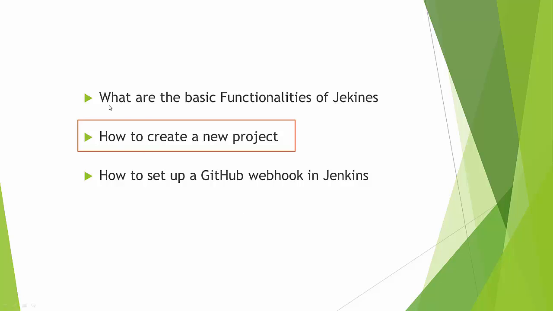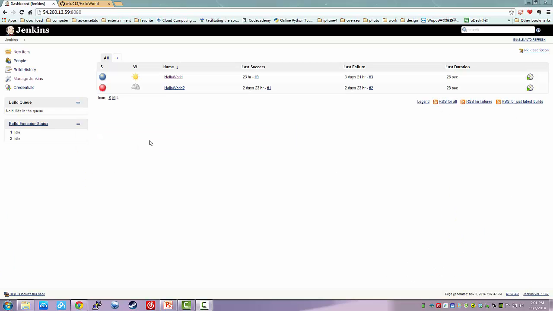Now you know the basic functionalities of Jenkins. Next, I will introduce you how to use it, how to create a new project. Before we create a new project, we need to configure Jenkins to talk to GitHub. You will need to download and install the GitHub plugin.